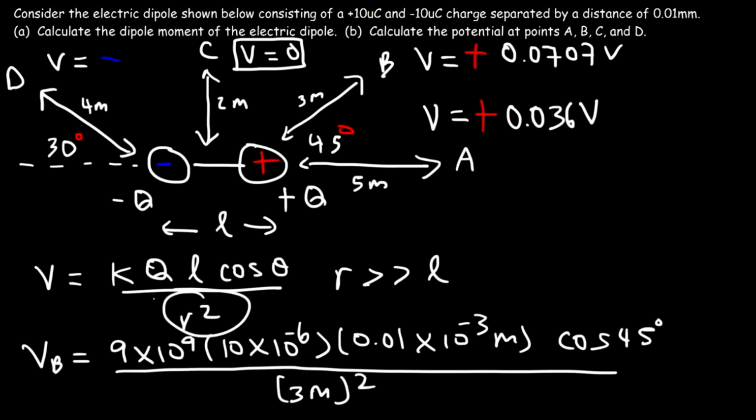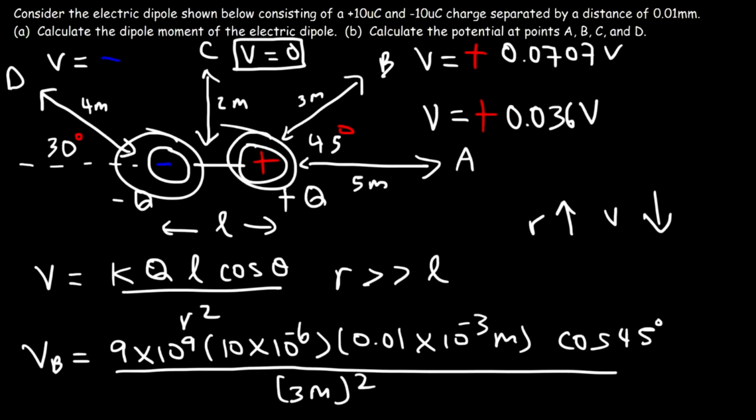It's inversely related to R squared. So as the distance increases, the electric potential will greatly decrease. And the reason why the values are small is because this negative charge partially cancels the electric potential due to the positive charge. And so that's why the values are close to 0.